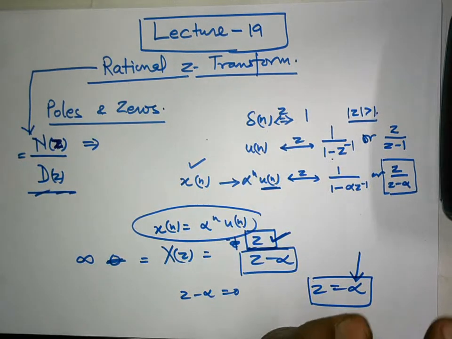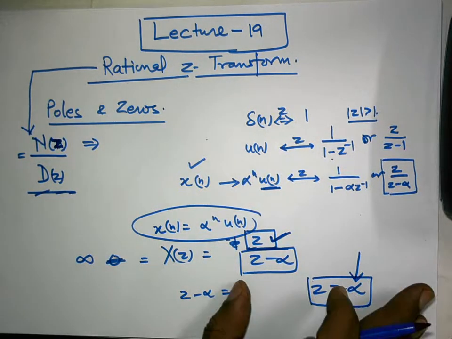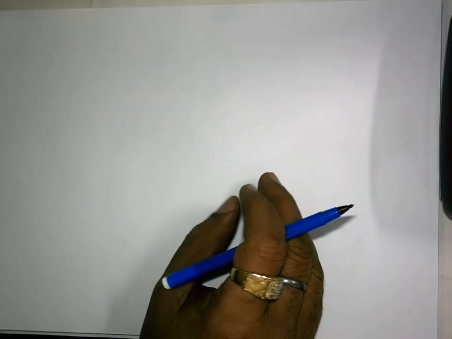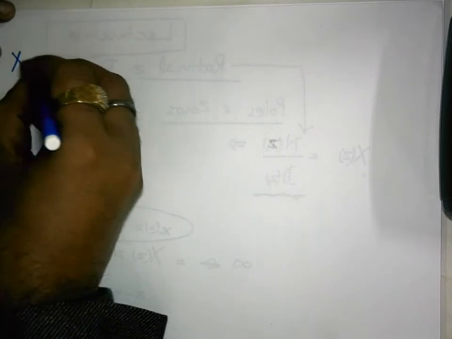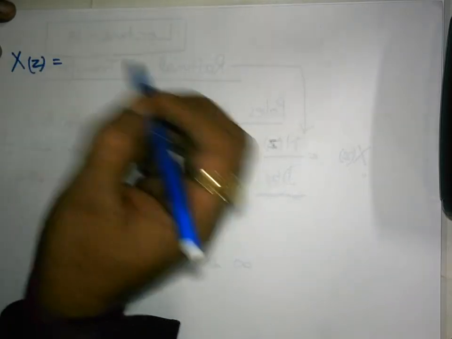In general, if we take a general form of signal and its z transform, it is expressed in rational form.